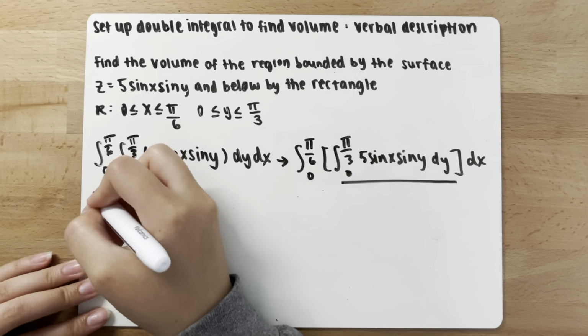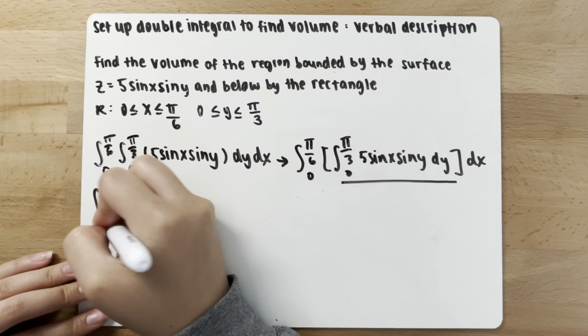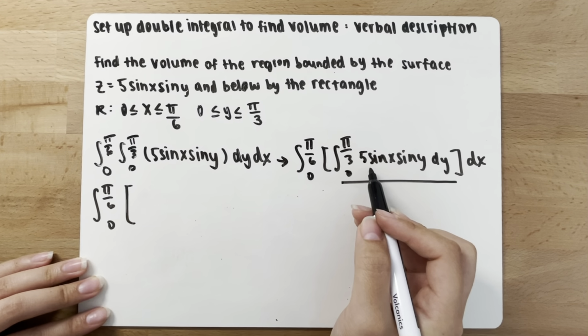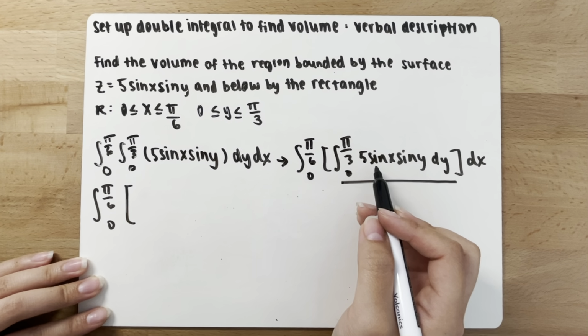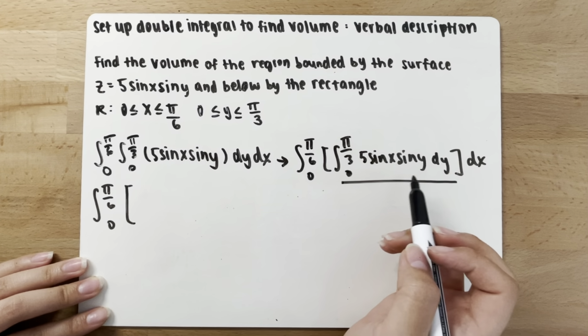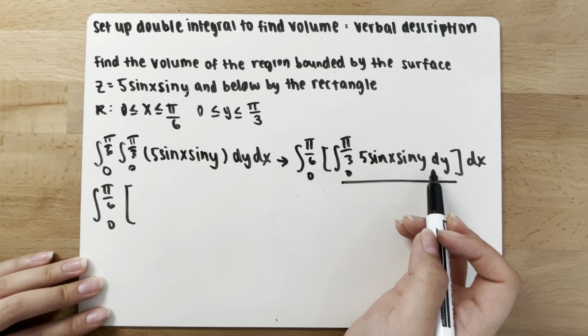Evaluate this. We have pi over 6, 0. The integral of sine is negative cosine. So we're integrating this with respect to y.